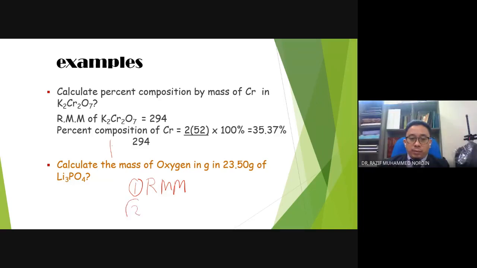Second, you kena calculate the percentage of oxygen in lithium phosphate.